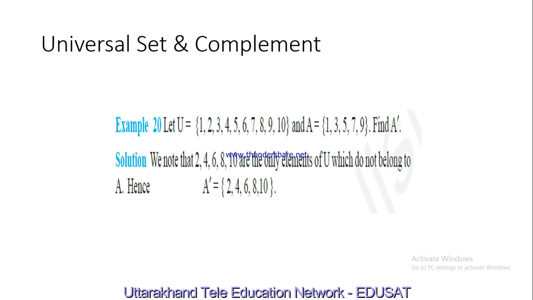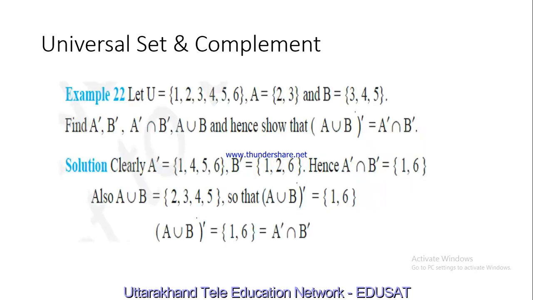So the answer to this question will be that A complement is 2, 4, 6, 8 and 10. Let us discuss a few more examples. Here U is a universal set which has 6 elements 1, 2, 3, 4, 5, 6.